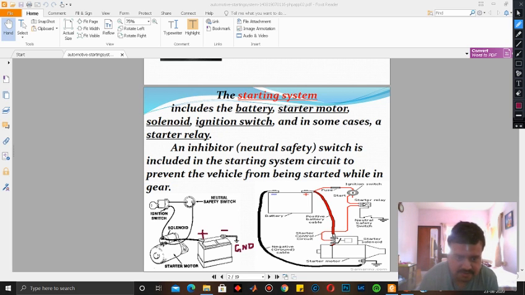Now what happens? The starter motor has some safety precaution switch which is known as the neutral safety switch, and in series with the neutral safety switch you have the ignition switch.